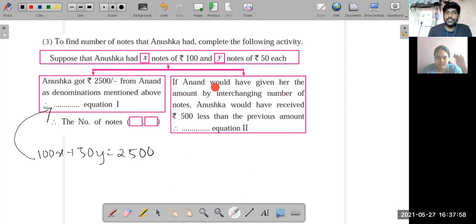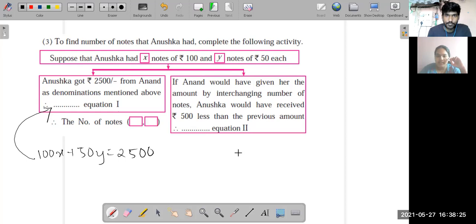Next, if Anand would have given her the amount by interchanging the number of notes, so y notes of 100 and x notes of 50, then she would have 100y plus 50x equals to minus 500. No, read the last sentence. Half of what you said is correct. Can you repeat what you said?